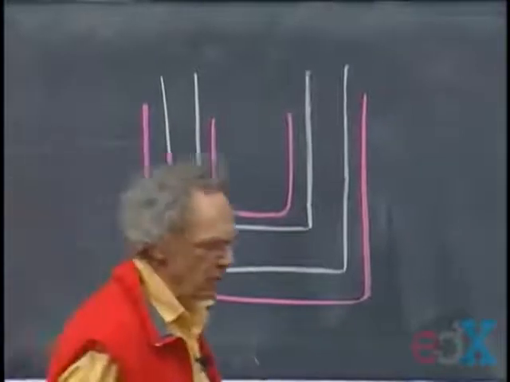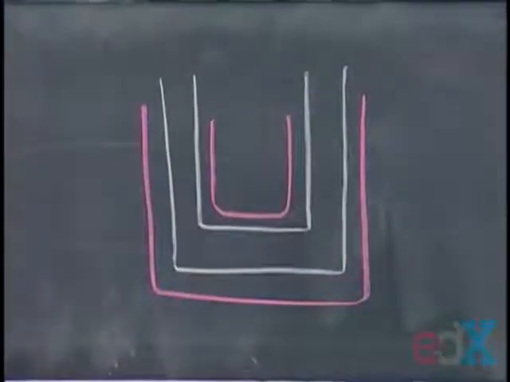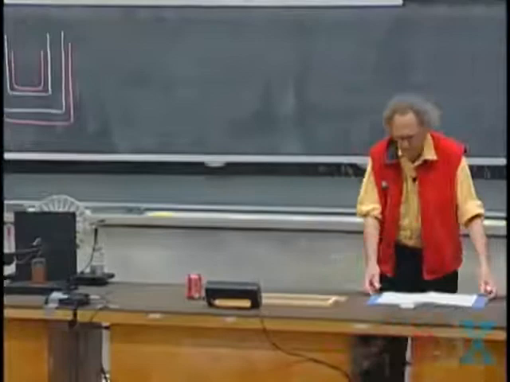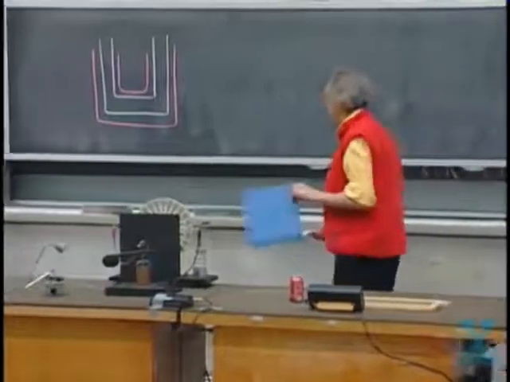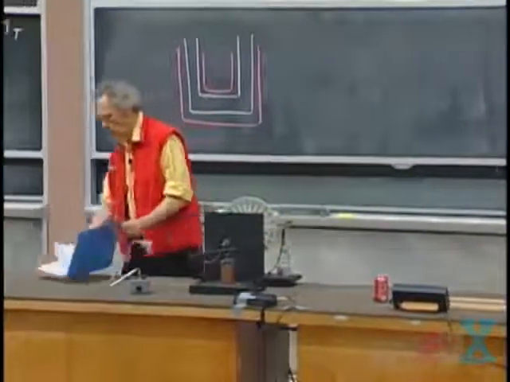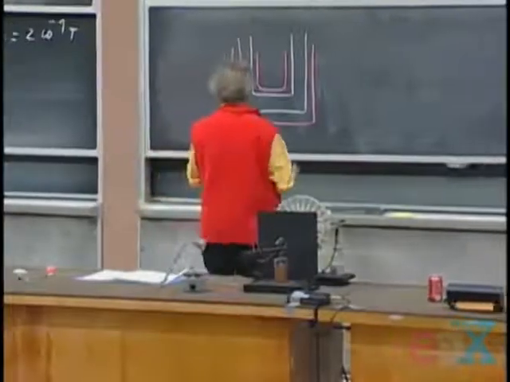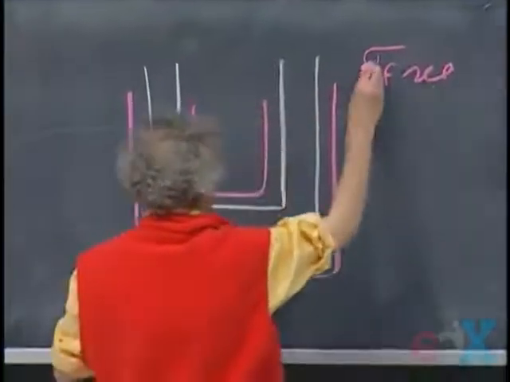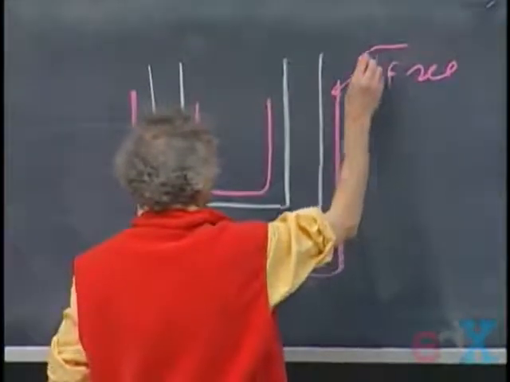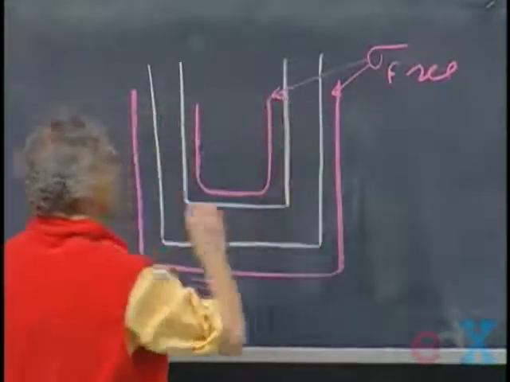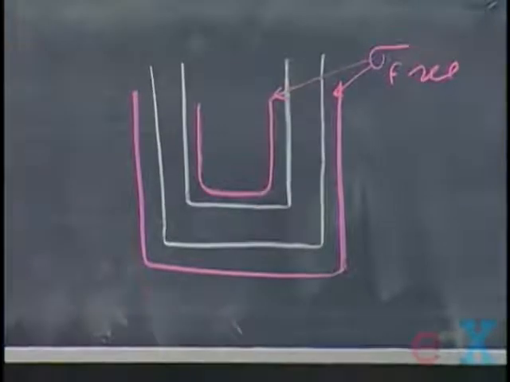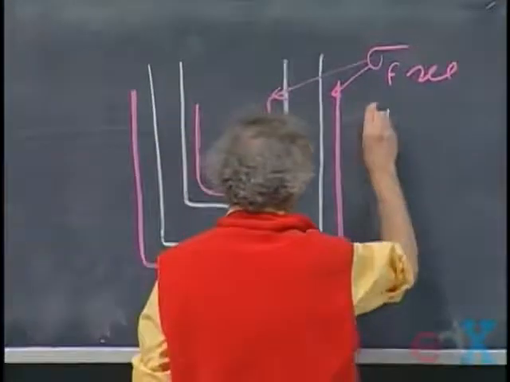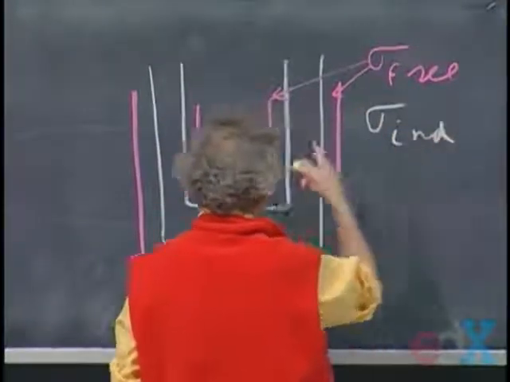And we charge this up with the Wimshurst. This is the Wimshurst machine. And when we do that, we get free charge on the conductor. And so you get sigma free right here, and you get it here, opposite signs, of course. And you get sigma induced on the dielectric.